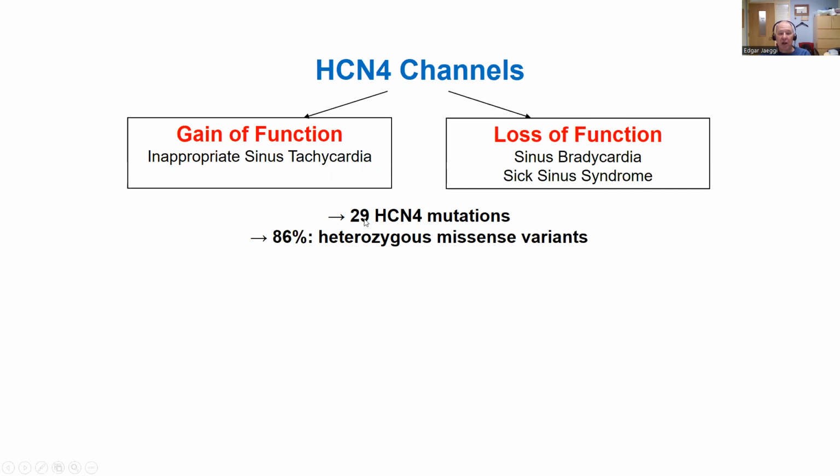Overall, there are now 29 HCN4 mutations identified, with a number of mutations that are currently considered a variant of unknown significance. Most of these mutations result from heterogeneous missense mutations of a single amino acid that changes the function of the HCN4 channel.